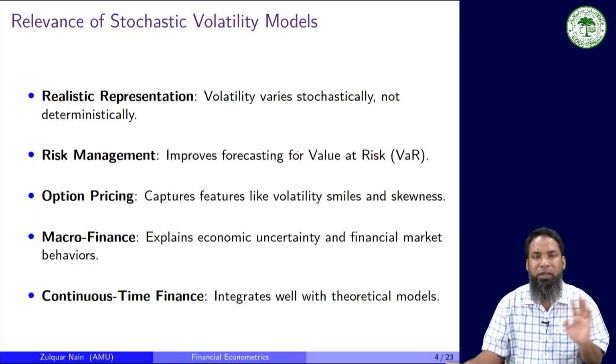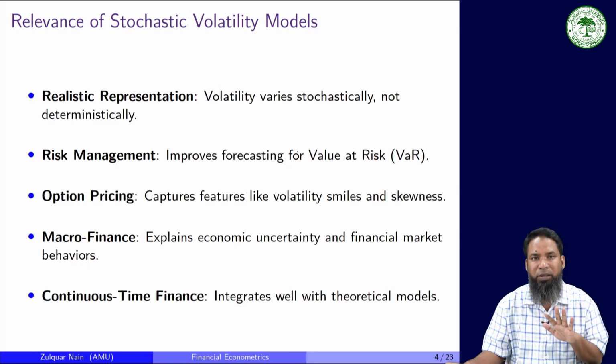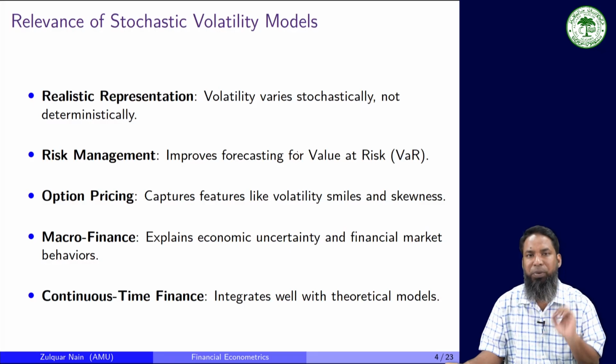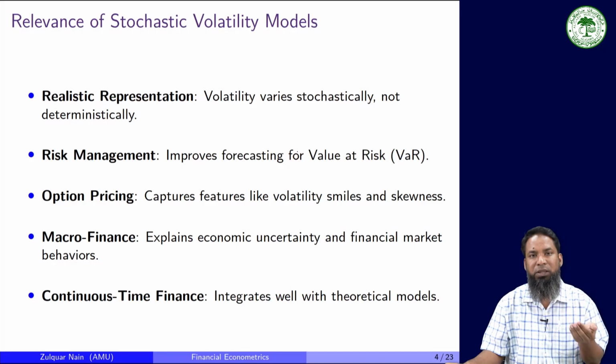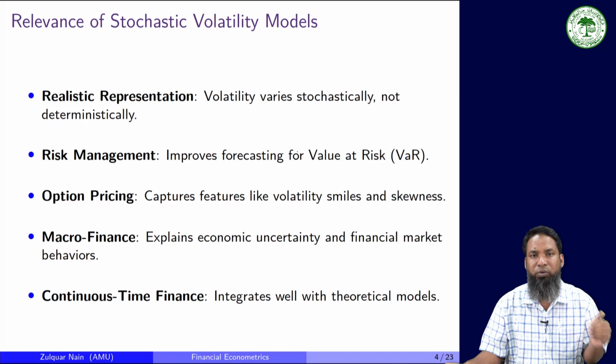First, this is a very realistic representation of the variance equation, because volatility varies stochastically. It does not follow a deterministic path, which we are missing in the GARCH model specification. Second advantage, or second relevance of this particular model, is that in risk management, it improves the forecasting, especially for models like value at risk.